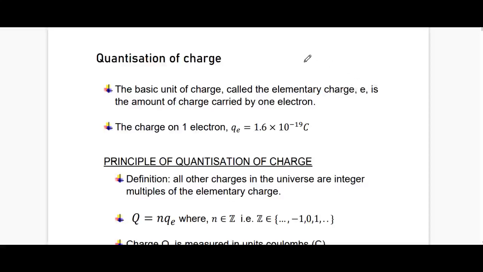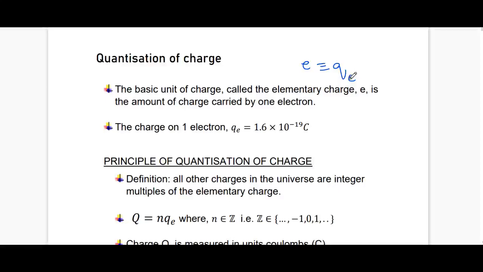This e can be used interchangeably with Qe. Sometimes they write e, sometimes they write Qe. So what is this e or Qe? It is the charge carried by one electron.